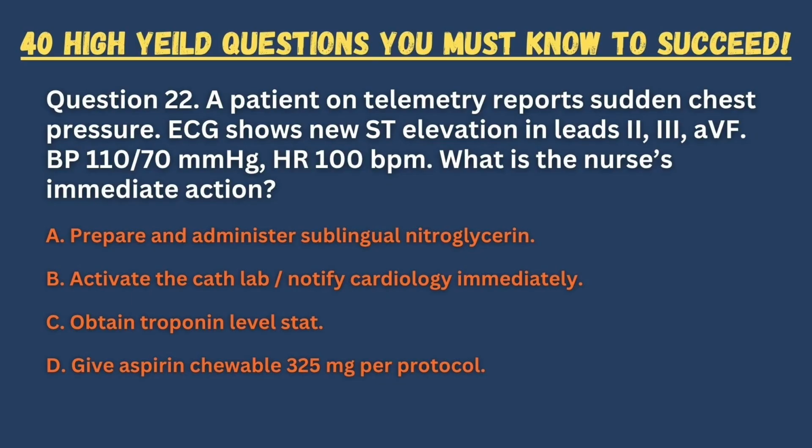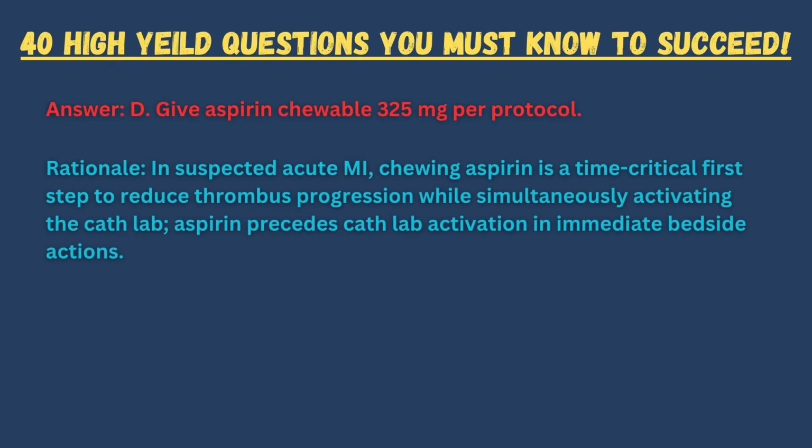C. Obtain troponin level stat. D. Give aspirin chewable 325 milligrams per protocol. Answer: D. Give aspirin chewable 325 milligrams per protocol. Rationale: in suspected acute MI, chewing aspirin is a time-critical first step to reduce thrombus progression while simultaneously activating the cath lab. Aspirin precedes cath lab activation in immediate bedside actions.